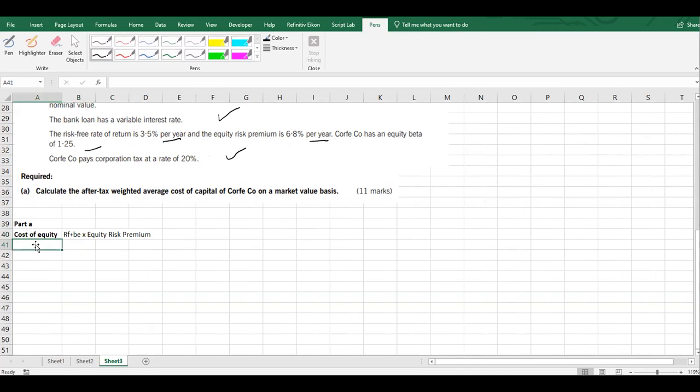So let's write the risk-free rate. That is 3.5%. Let's write the beta. That is 1.25. Equity risk premium. That is 6.8%.